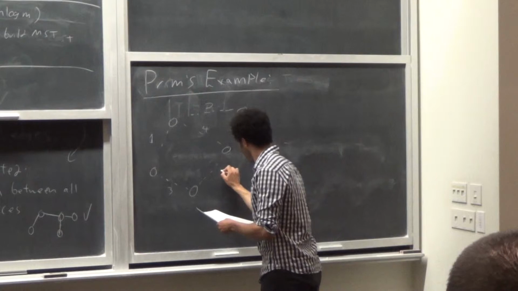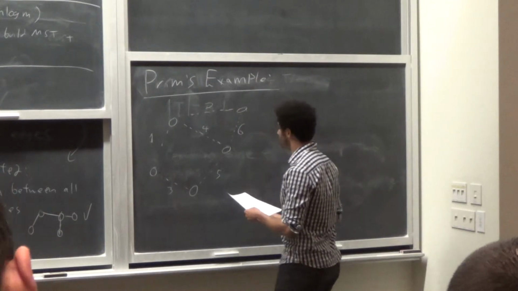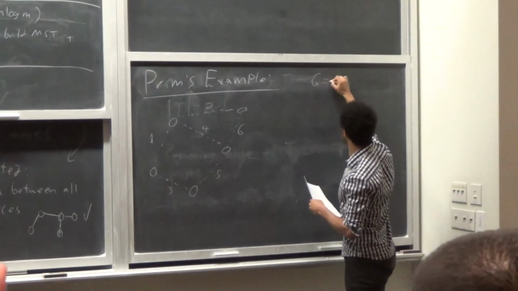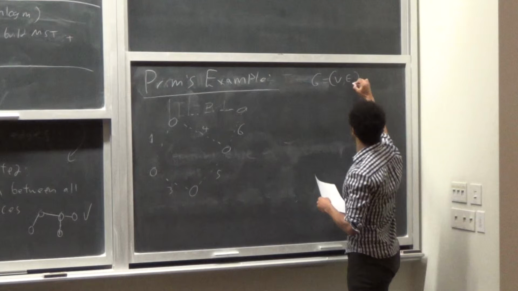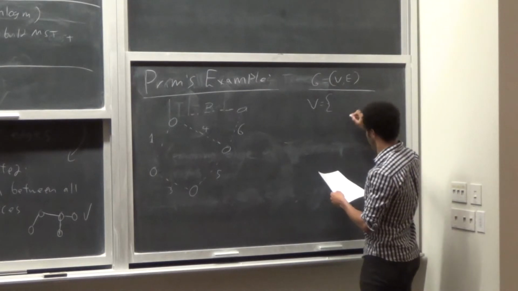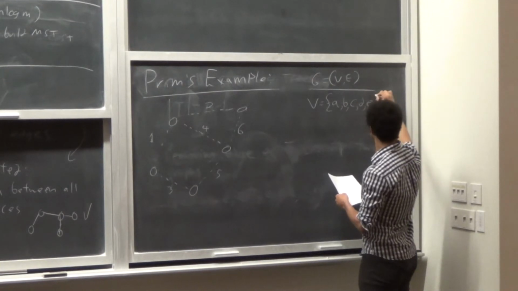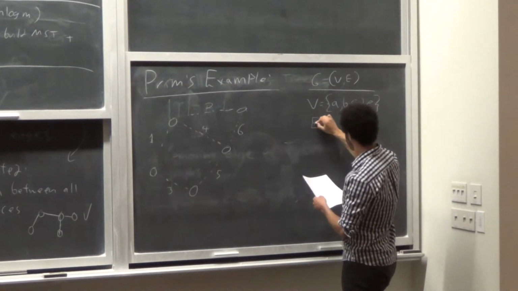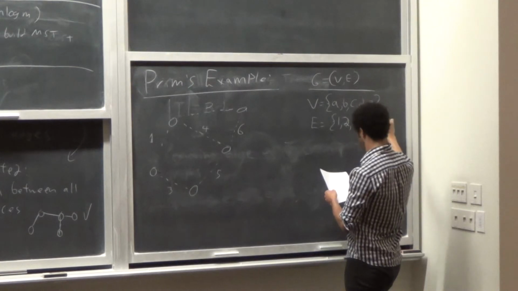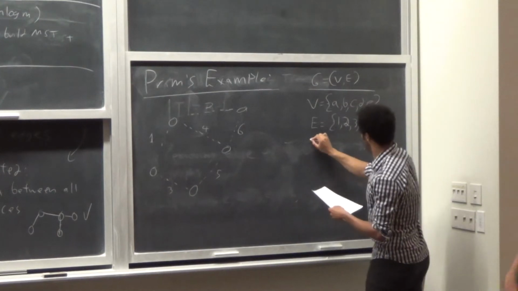So, given the graph here, and some initial sets, does anybody want to walk me through Prim's?